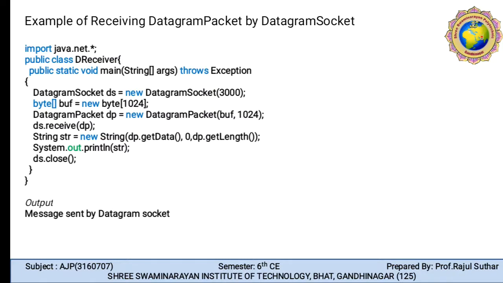So this is the program, and the output of the program is the message sent by datagram socket. Second, here in this sentence, byte buffer means a datagram packet dp is created.